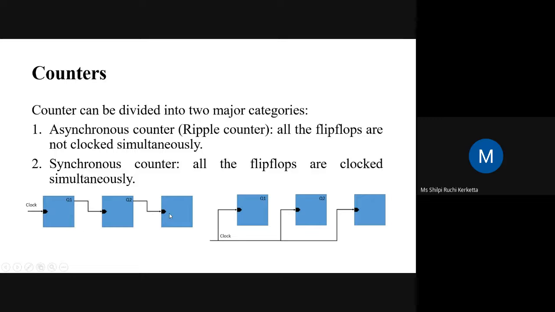So this is an asynchronous counter. We will mainly be using the asynchronous counter. The synchronous one we will not study. We will only study the asynchronous counter, because it is the easier method.